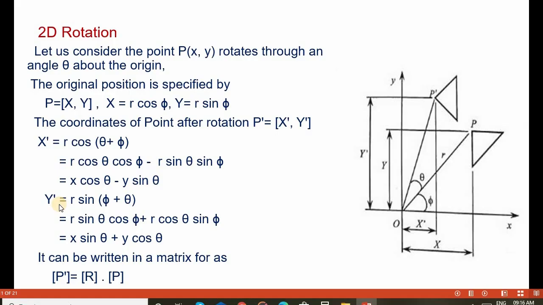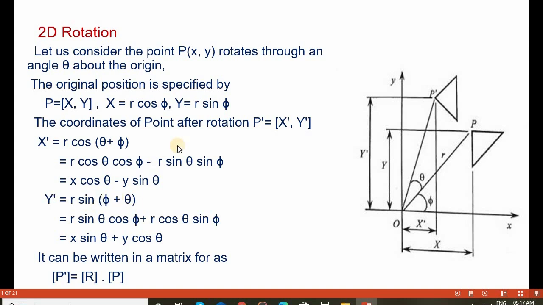Similarly, for the y dash in the y coordinate system, y is r sin phi. So we can add theta in the y axis, and we will get the new rotated y dash coordinate. The object has been rotated in y, such that it is r sin (phi plus theta).